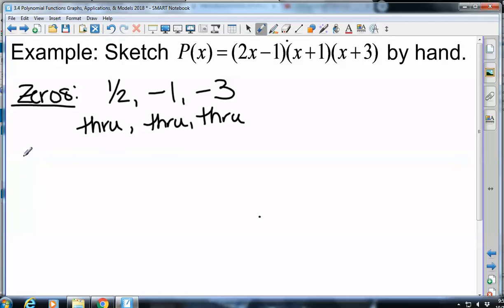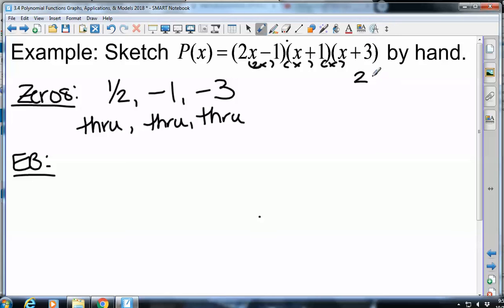Okay, next step, let's find our end behavior. So in end behavior, we have to think about if I multiply this out, you would have 2x times x times x.